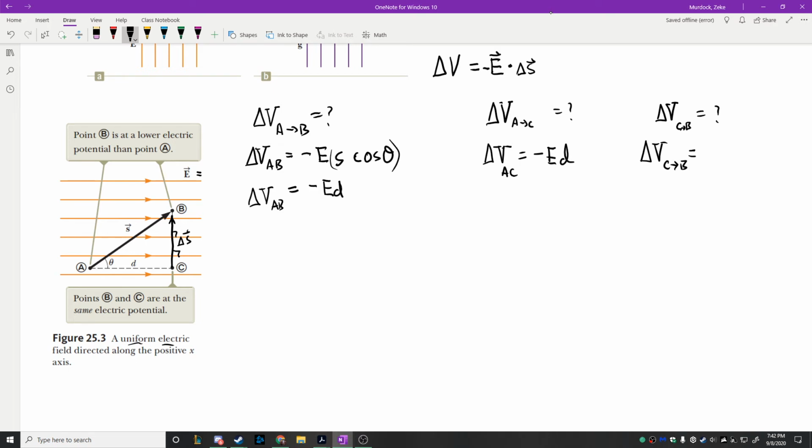We get E times whatever the length of this side is. Let's call the magnitude Y. You'd get E times Y, but then you have to multiply by the cosine of 90 degrees, and that is 0. So delta V from C to B is equal to 0.